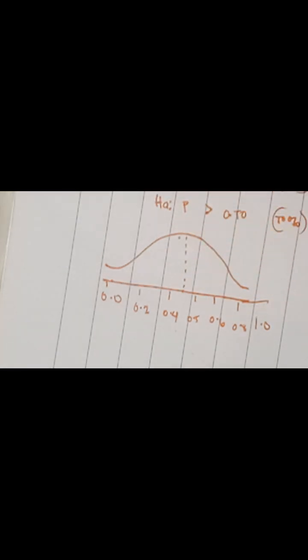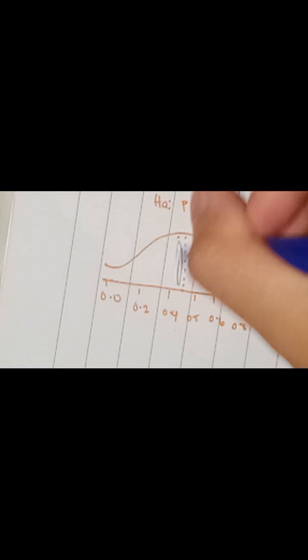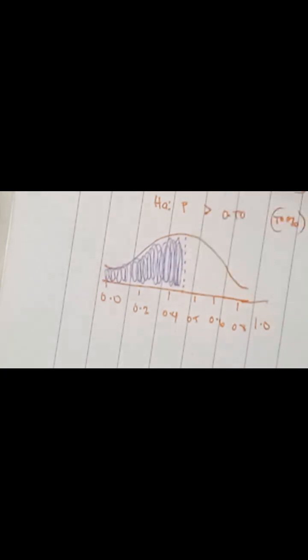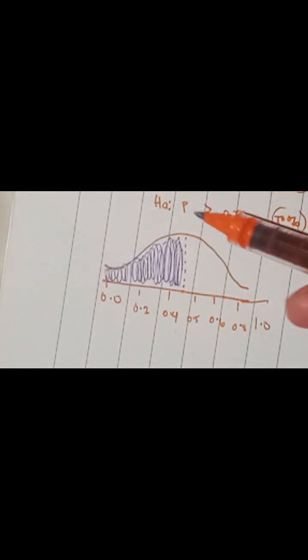Then this is our rejection region, so it's a left tail test. So that is our sketch for the null hypothesis: the proportion of residents satisfied with the relief goods is not greater than 50%.